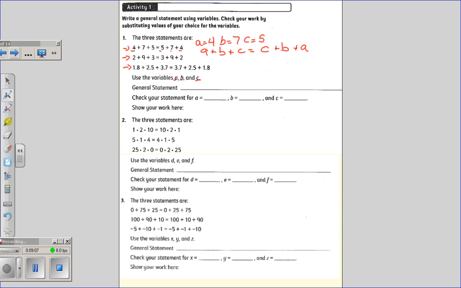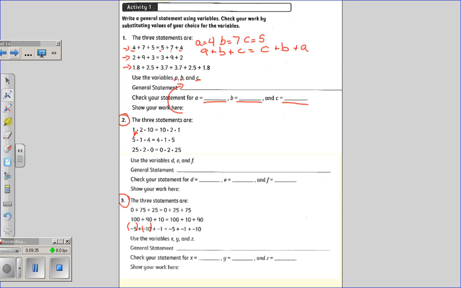You can test this out with the other two to see if it is a good general statement. The next step is to check your statement. So assign yourself some values for A, B, and C. They can be whatever you choose. Then plug those values in from your general statement and see if the statement is true. You need to finish 2 and 3. 2, notice, uses multiplication. 3 uses some negative numbers.